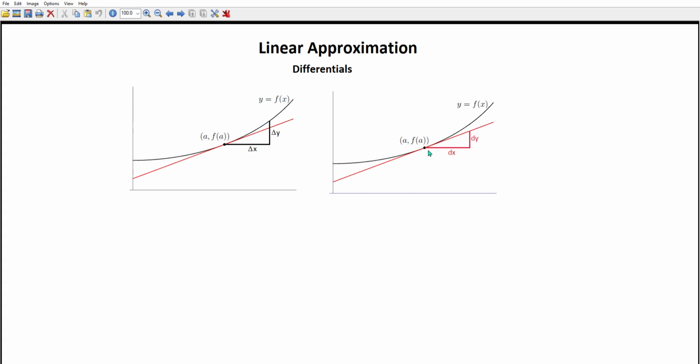And we're going to relabel these things. Dx is going to be the change in the x direction, and dy is the change you get not because of f of x, but because of our approximating tangent line. So we're thinking of dx as a little change in x, dy as a little change in y, and their slope is the slope of the tangent line, which is f prime of a.